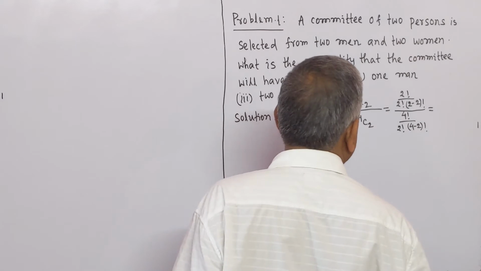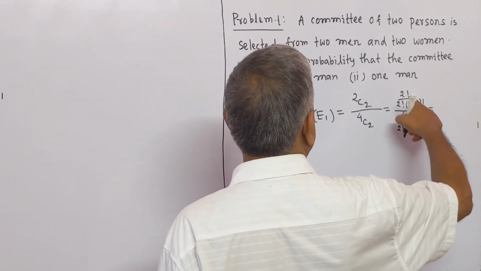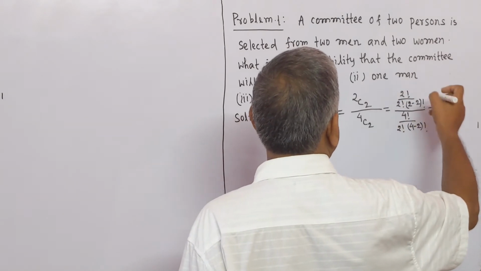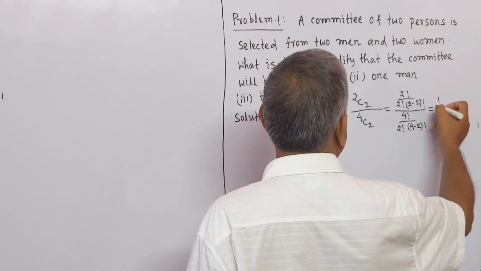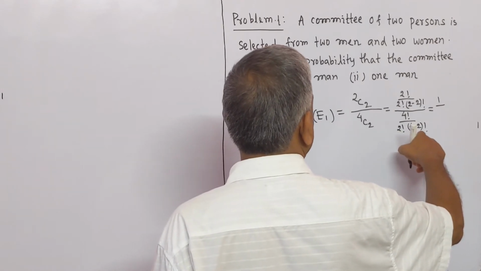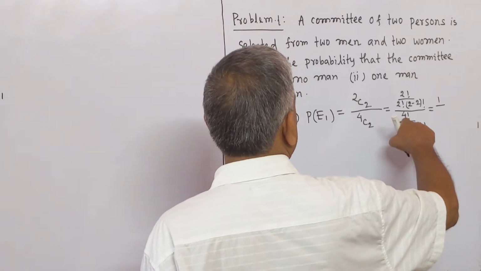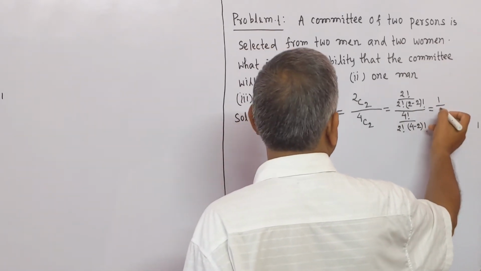Here factorial 0 means 1 and factorial 2 by factorial 2 is 1, by factorial 4 by factorial 2 factorial 2, where factorial 4 means 24, so we get 3 2s are 6.